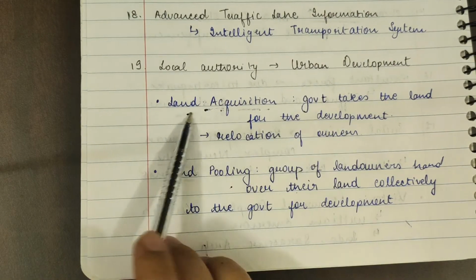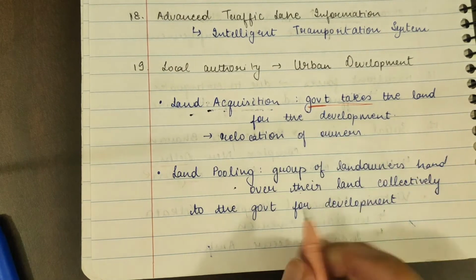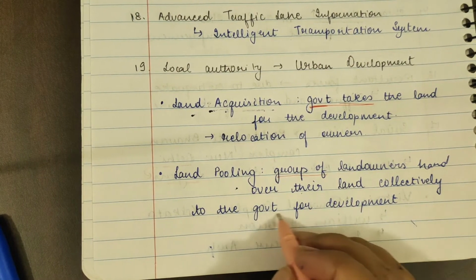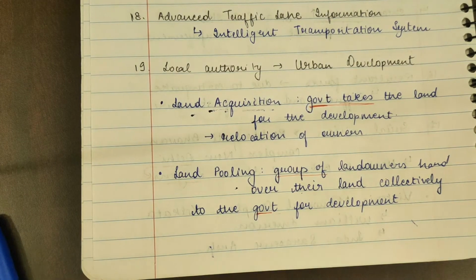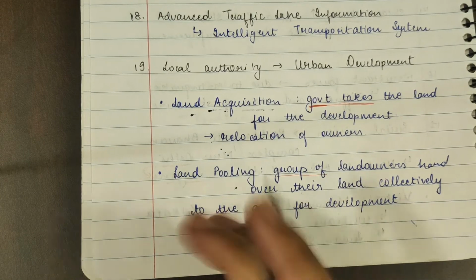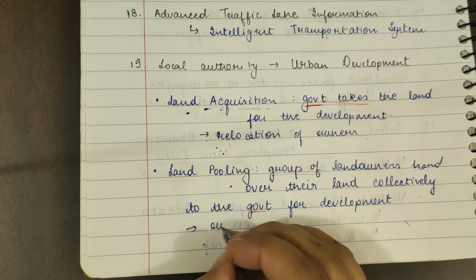But in land acquisition the government takes the land, and the relocation of owners happens, so the land becomes government-owned. In land pooling, the owner remains the same.